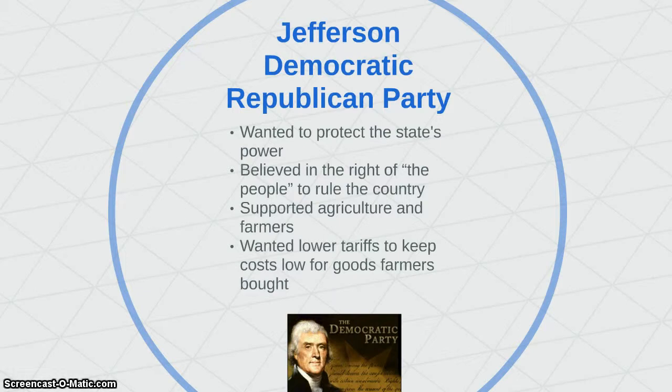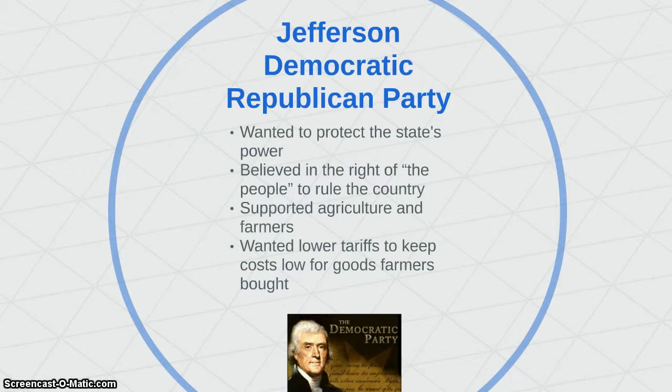He also believed in the right of the people to rule the country, that the common American should have just as much power as anyone else, that we shouldn't give advantages necessarily to wealthier citizens. We shouldn't kind of tilt the favor towards wealthy people in this country, that should be equal across the board.